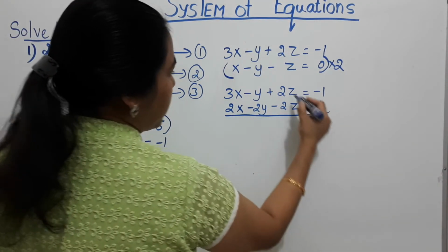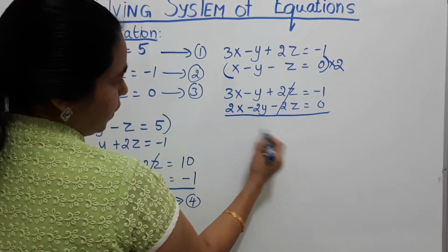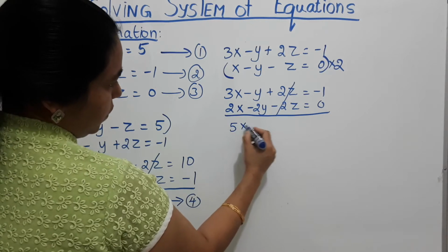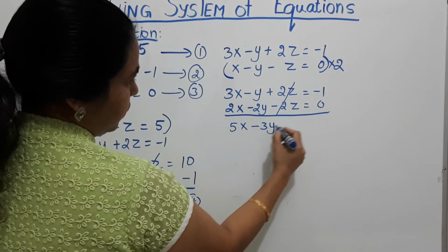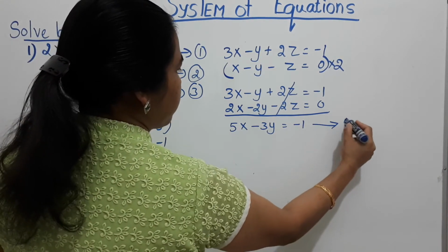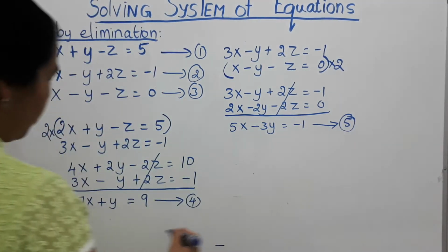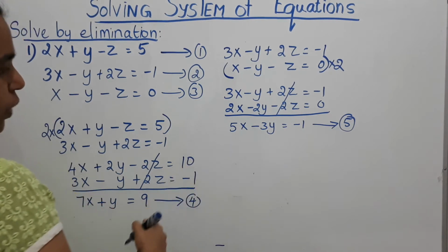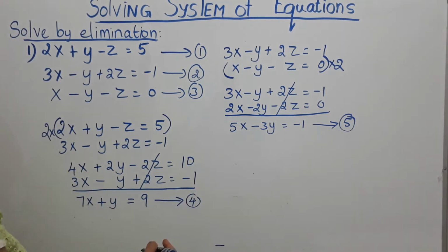Again you can eliminate z. So this becomes 3 plus 2, which is 5x, minus 3y equal to -1, and label this as the fifth equation.